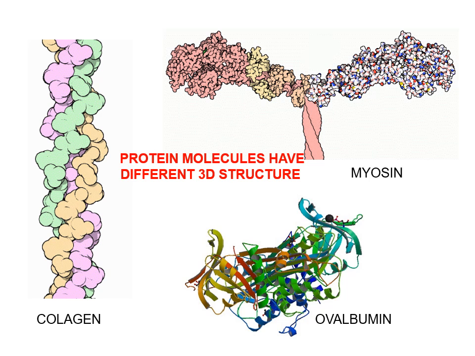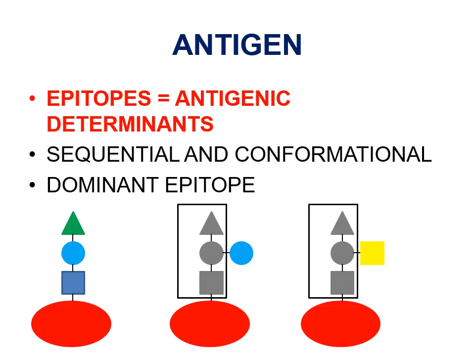Here we have three different protein structures, and we can see that they have different 3D structure. This is myosin, ovalbumin, and collagen. And what is an antigen? An antigen has epitopes, which are actually antigenic determinants capable of reacting with and activating the immune system.